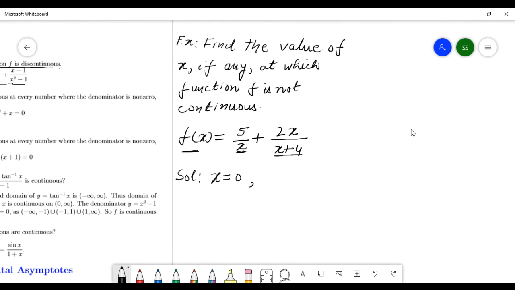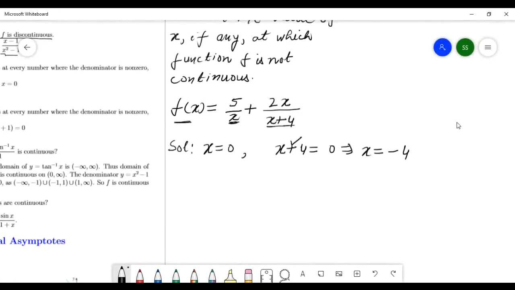And here x plus 4 equal to 0. This implies what? x plus 4 equal to 0, plus 4 on the right side becomes minus 4. So this will be x equal to minus 4.